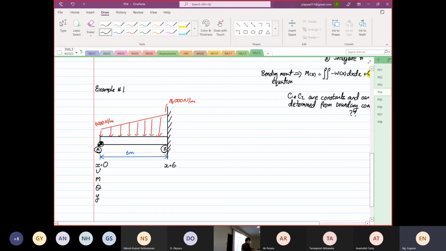And when we integrate the slope, we get the displacement. So remember the sequence V, M, theta, Y. Whether we get to deflection or not, I don't know. Let's do this first. For now, I want you to focus on V and M.